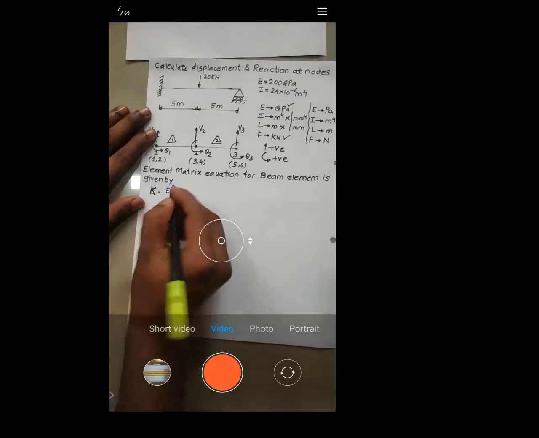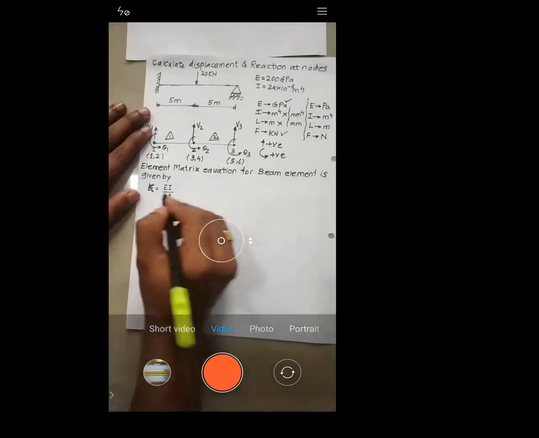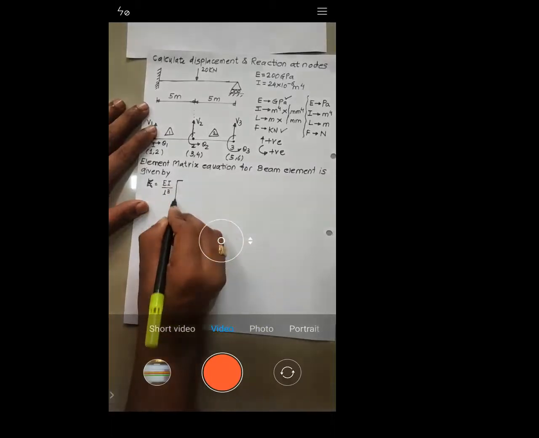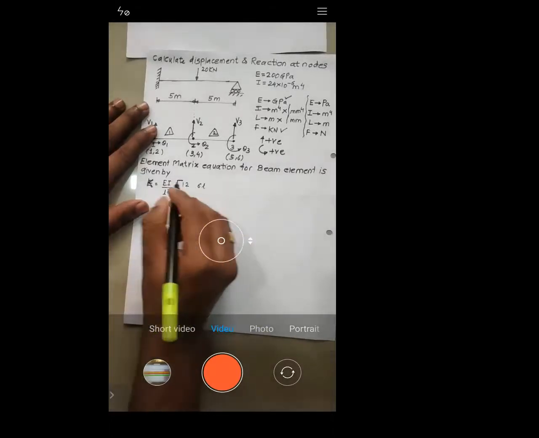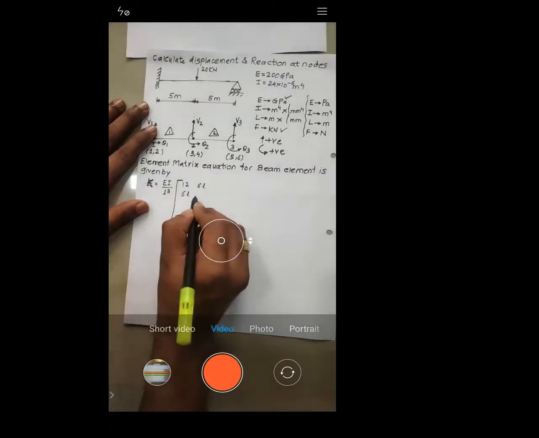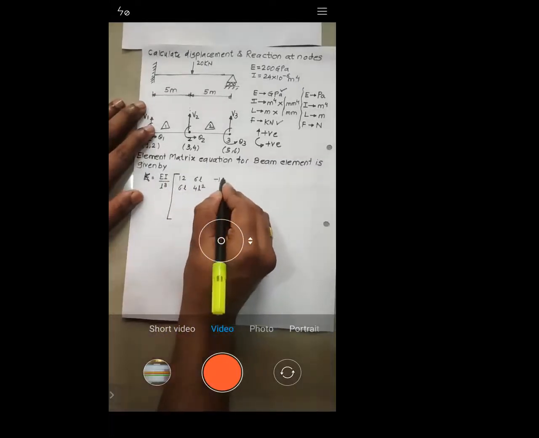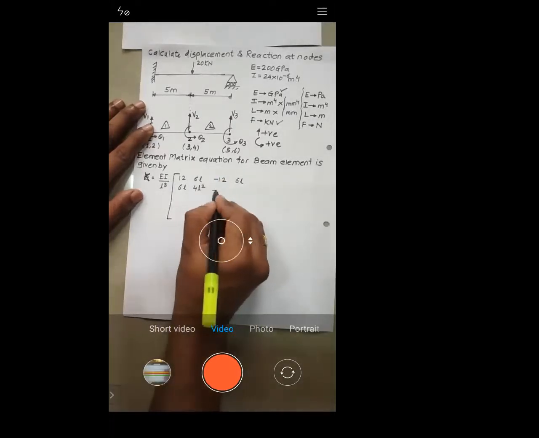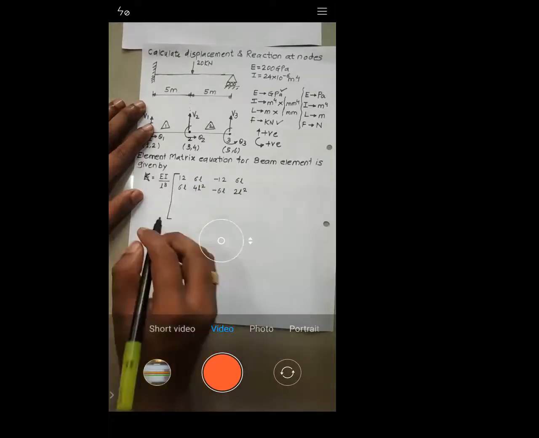EI by L cube. See, K is given by EI by L cube. Then we have 12, 6L, 4L square, right? Then we have here minus 12, 6L, minus 6L, 2L square, right?